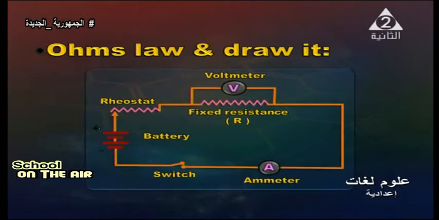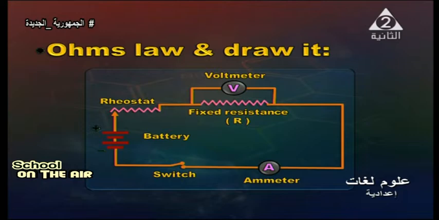Ohm's law and draw it. This figure shows the battery connected with a switch, an ammeter, a fixed resistance and a rheostat, while a voltmeter is connected with the fixed resistance in parallel.